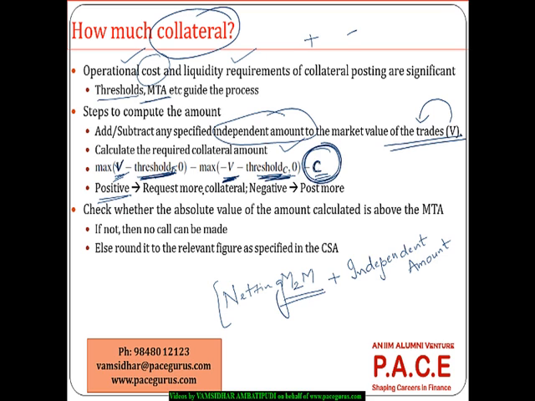So that's the reason I look out for more and more collateral if it is positive, and if it is negative it means I am supposed to return it. Either I have to make a collateral payment or I have to return the original. So I'll look out whether the value of the amount is above the minimum transfer amount. If it is above, then probably make the payment. If it is below, I'm not making any kind of a call.